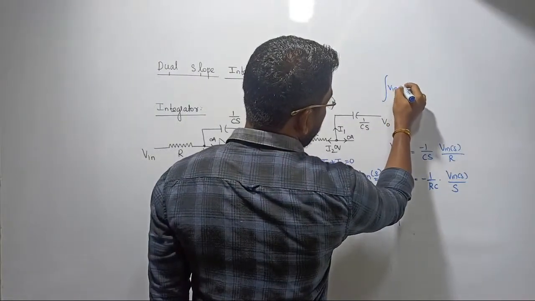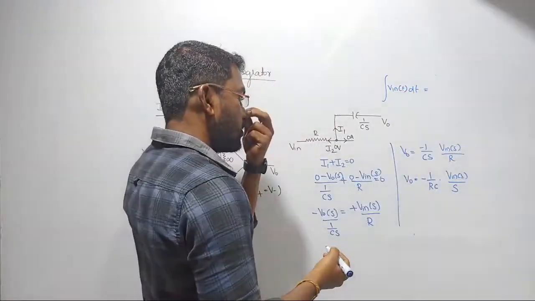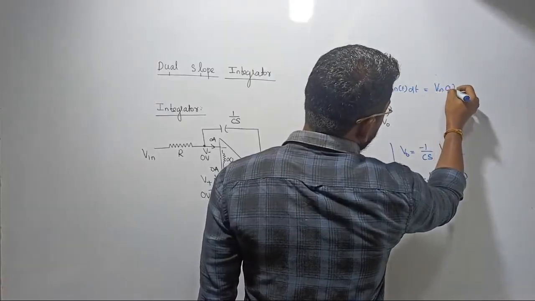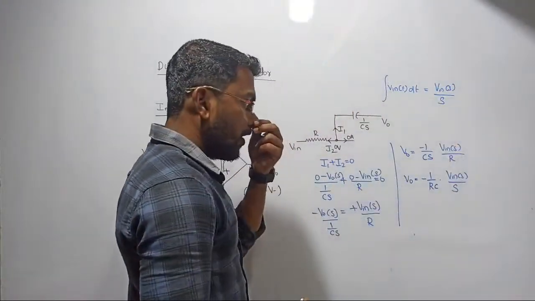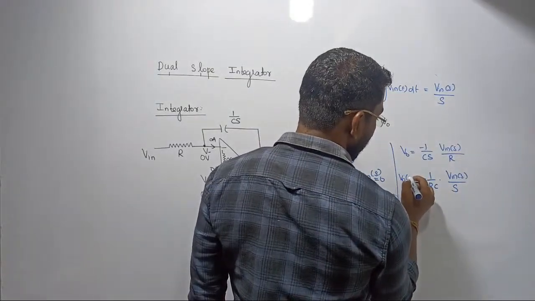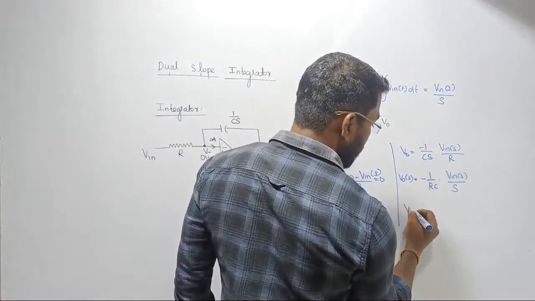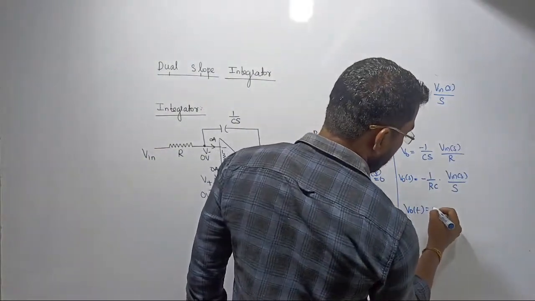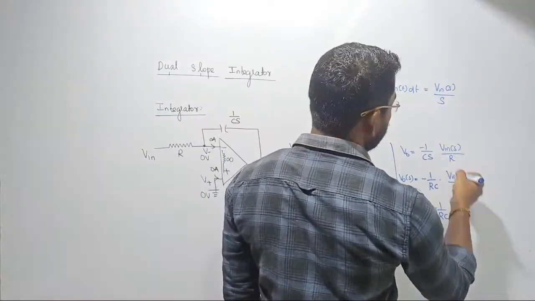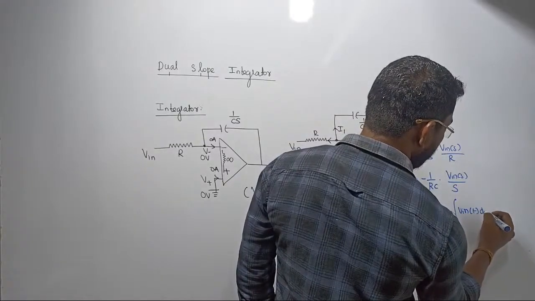If we are integrating Vin with respect to dt, its Laplace transform can be simply written as Vin of S upon S. So when we take the inverse Laplace, assuming initial conditions are 0, V0 of t becomes minus 1 upon R into C, times the integral of Vin of t dt. That's all.